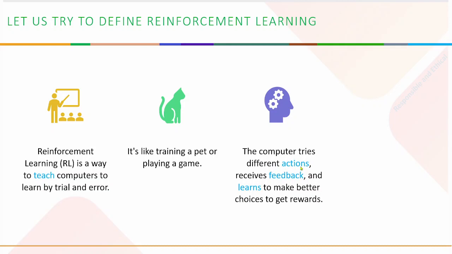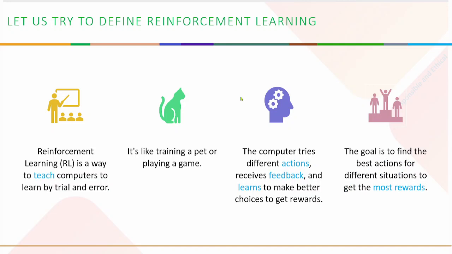I have put it in different color because these are the jargons used in reinforcement learning: actions, feedback, and learn. We're not going to go too deep into all of this, but just the basic idea here. In the subsequent slide, I have some examples which will make these things quite easy to understand.